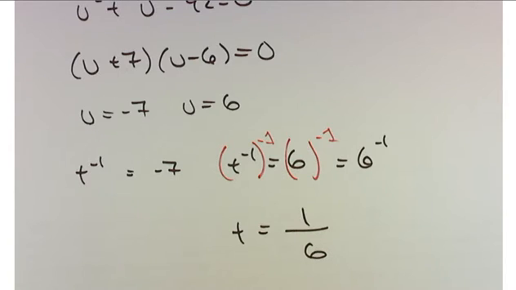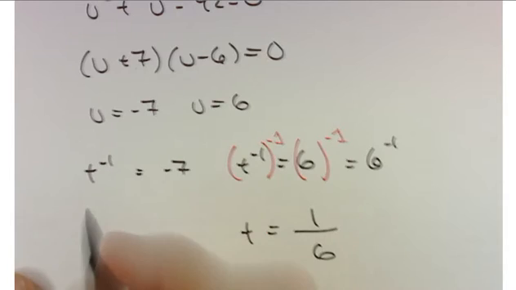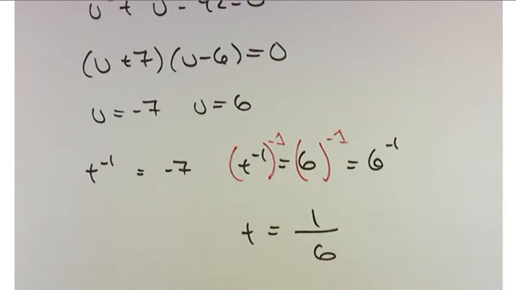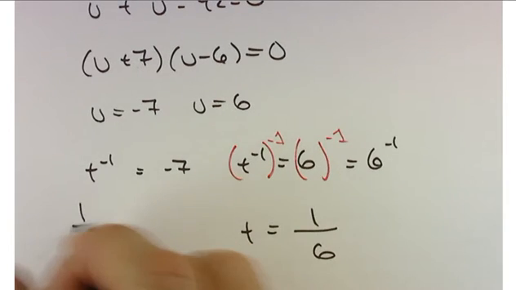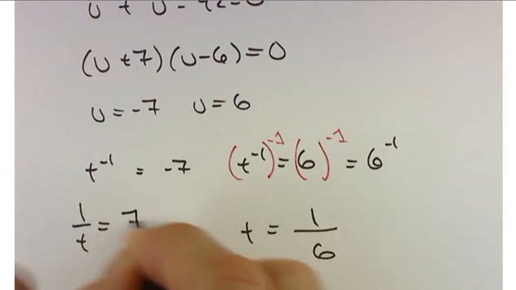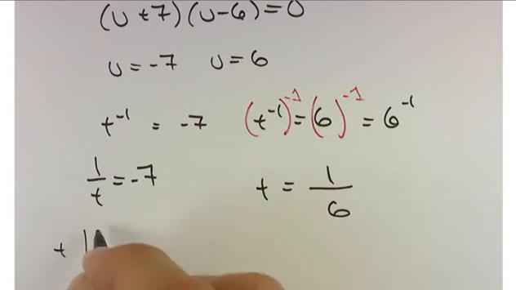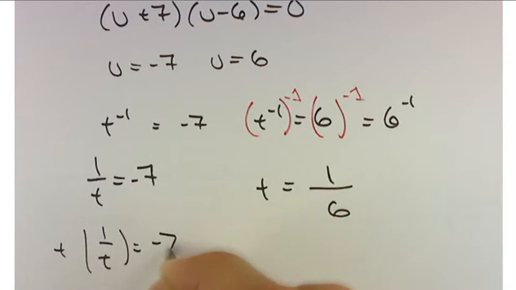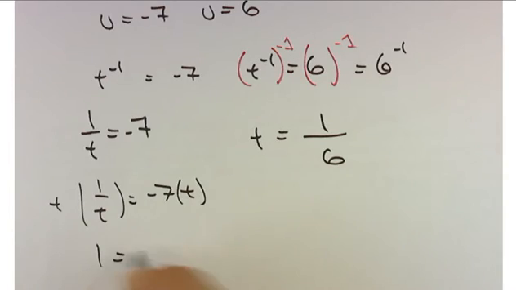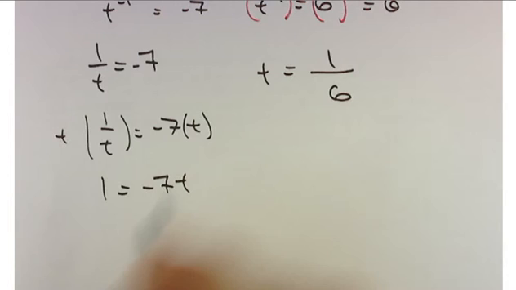You can work this out a different way. I think Mindy noted earlier that, oh, wait a minute, you got something to a negative power. Sure, I could write that as 1 over t. And I could multiply both sides of this by t. So t times 1 over t equals negative 7 times t. So I get 1 equals negative 7t. And then divide.